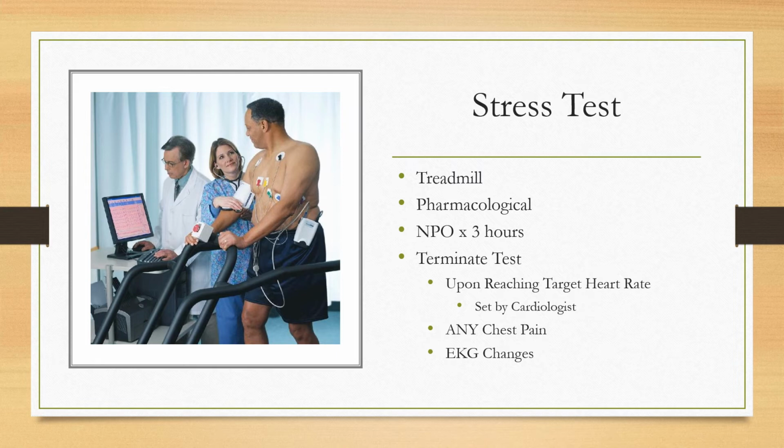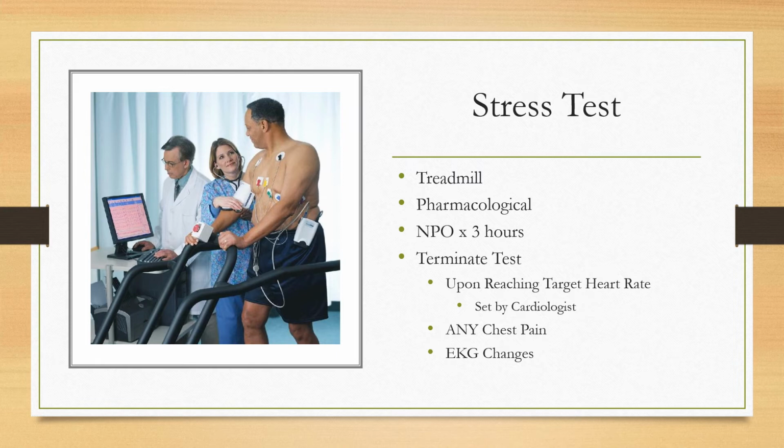Okay. We would also stop it if you develop chest pain, right? That's likely anginal chest pain that you have, and we could cause a heart attack if we continue with the stress test while you have chest pain. So we're definitely going to stop it for chest pain.